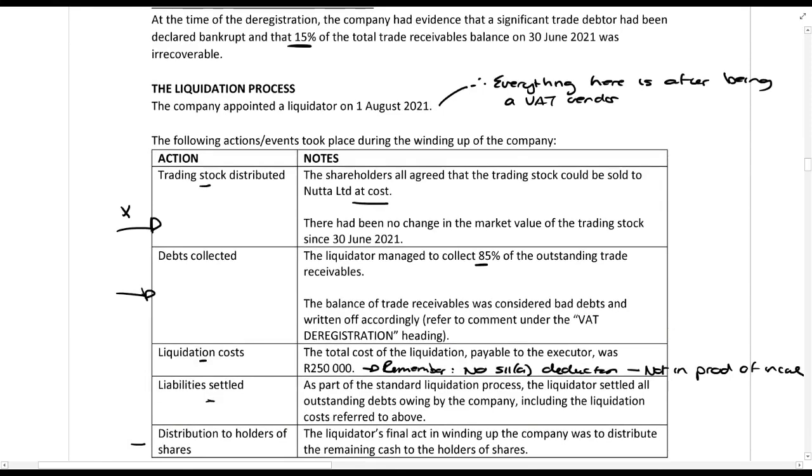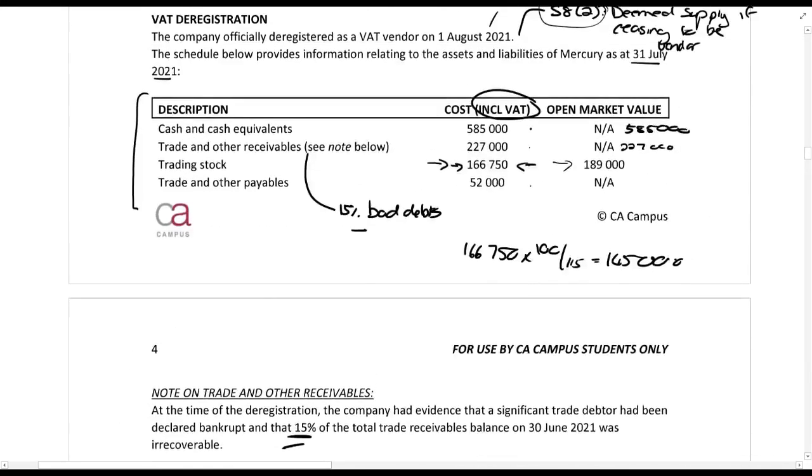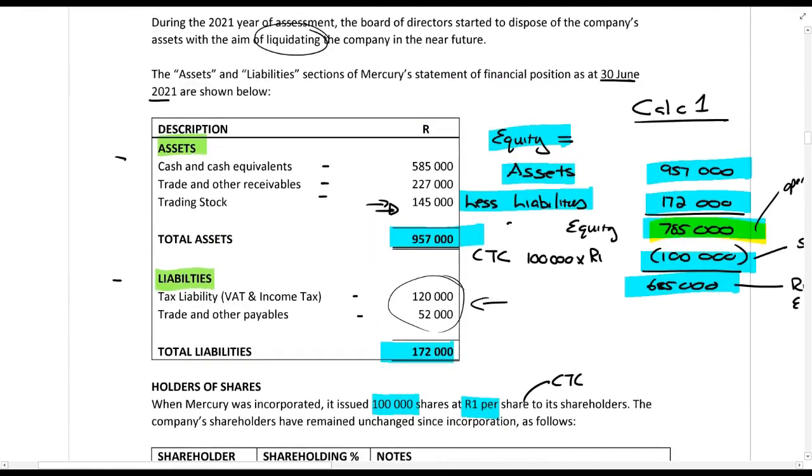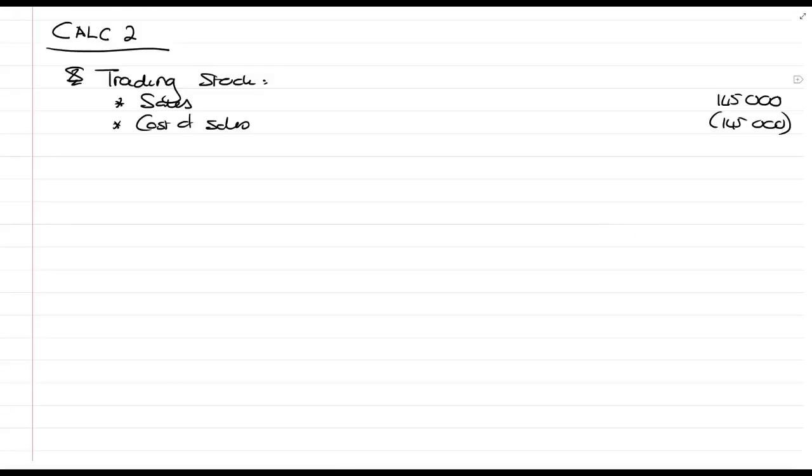Right, then there's the debts collected. So here's that bad debt of 15%. The trade and other receivables over there, the 227 guys, that is an amount including VAT, of course.